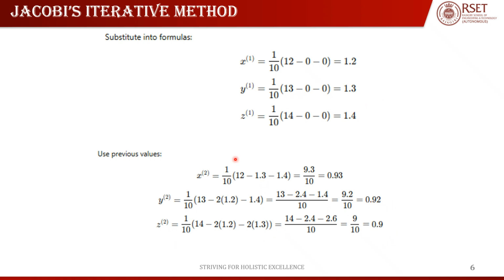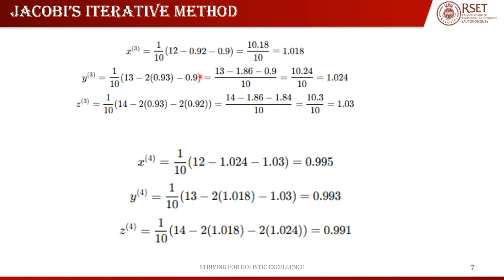Okay, now to get x3, what you will do is 1 by 10 into 12 minus, here you have the y value, so for y, for x3 you will substitute 0.92. See, for x3 here you have 0.93 or 0.92.